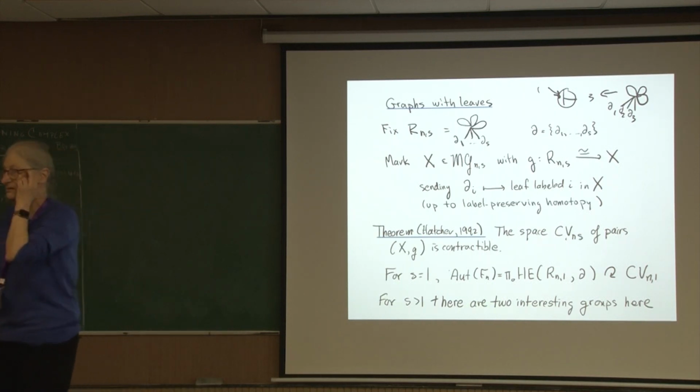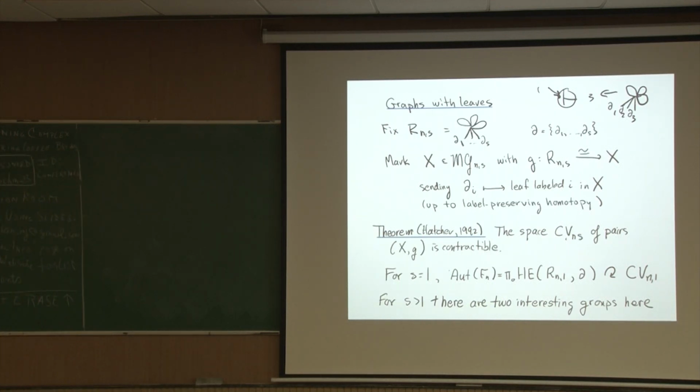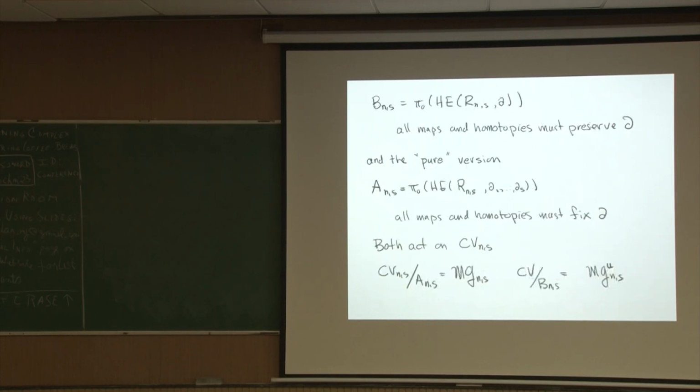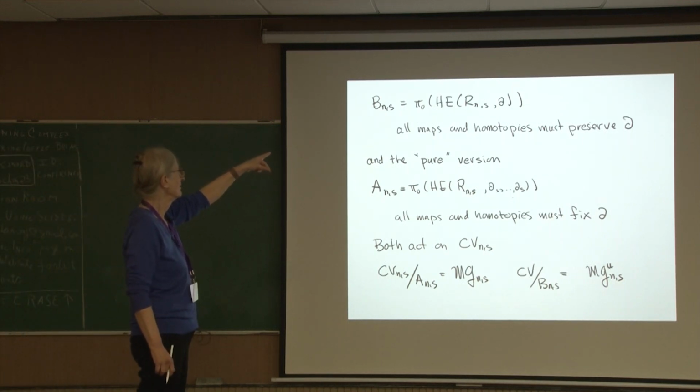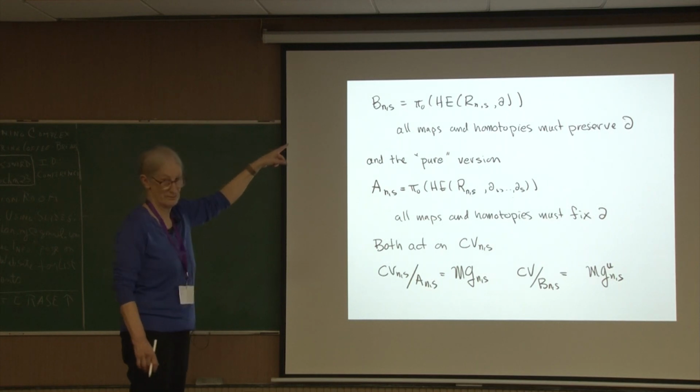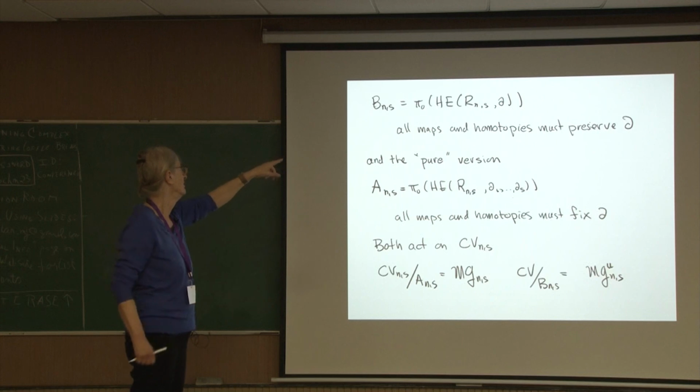But for S bigger than 1, there's actually two interesting groups here. We can look at homotopy equivalences of this thorned rose that preserve the boundary points, but possibly might mix them up.